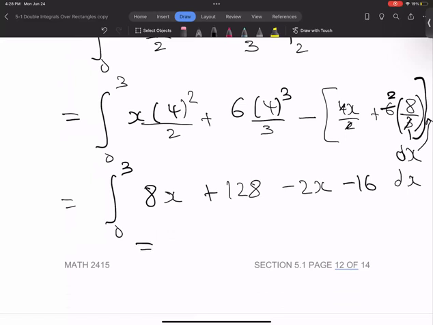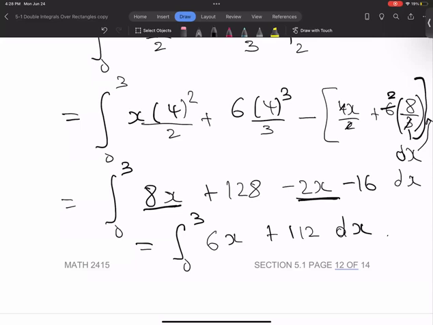So 8x minus 2x is 6x, and 128 minus 16 is 112 dx, right?